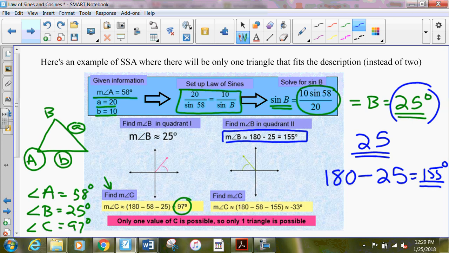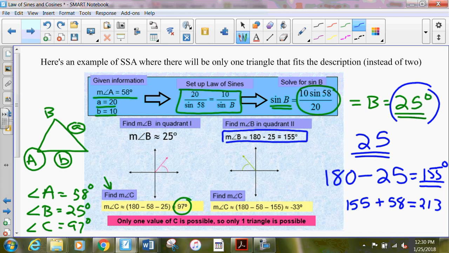But then we have to see, is that going to work? If we had 155, and that would be for angle B, right? If we had that for angle B, and we already have 58 for angle A, we can already see it's not going to work, right? If we add these together, we're way over 180. What do we add even? Let's see, we're at 3, carry the 1, we're at 213.